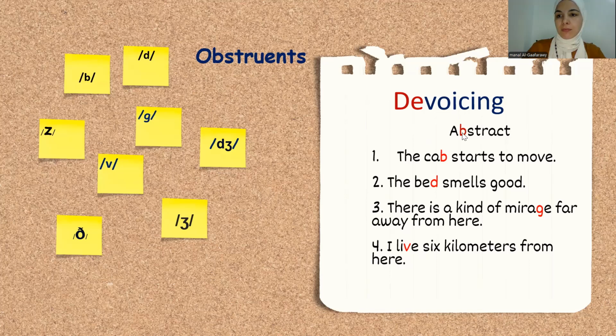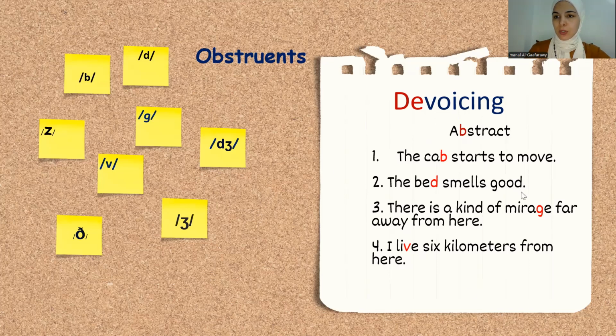And B is one of those consonants that don't have a fixed voicing quality. Other examples include the cab starts to move. We don't say the cab starts to move with a full B. Again, this breaks the flow of our speech. Okay, the cab starts to move.